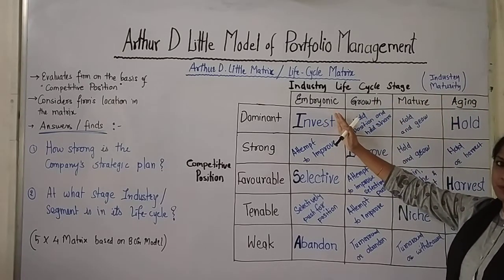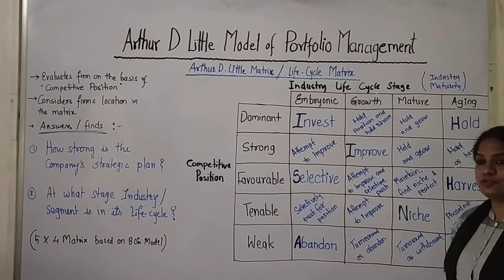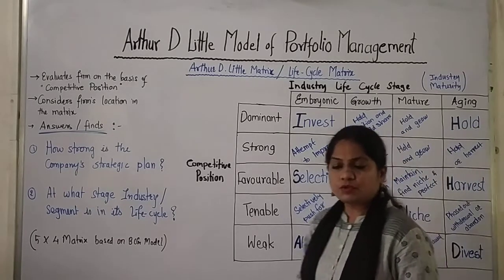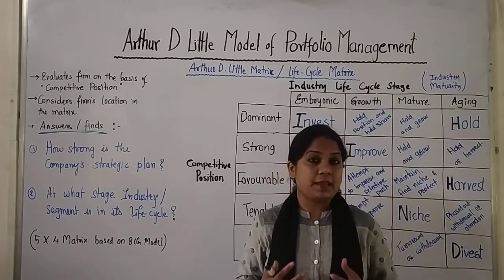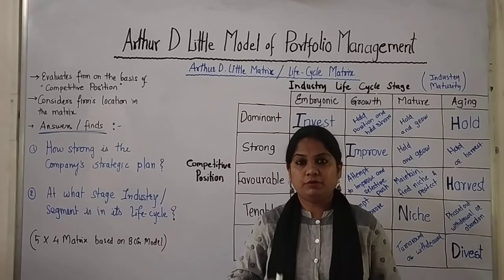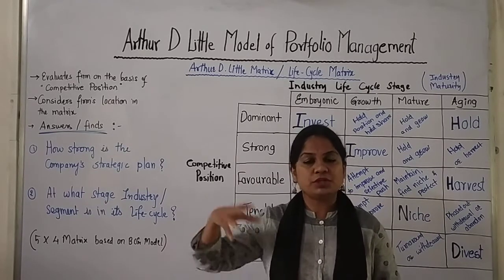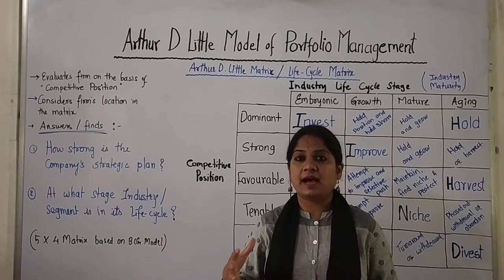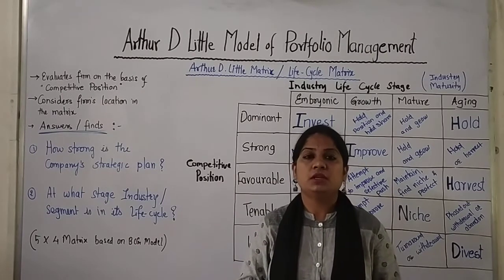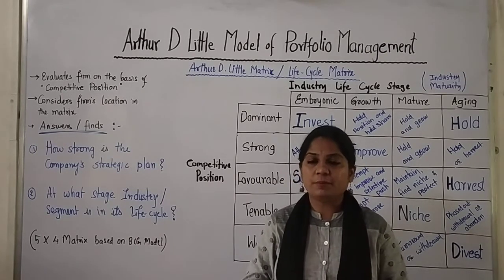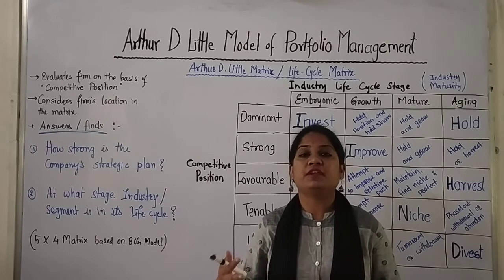The first is embryonic, or we can say the introduction stage. So friends, when a market is in the embryonic stage, everything is growing. New technology is coming in. There is high growth potential. There are fewer competitors, and the growth is very fast.